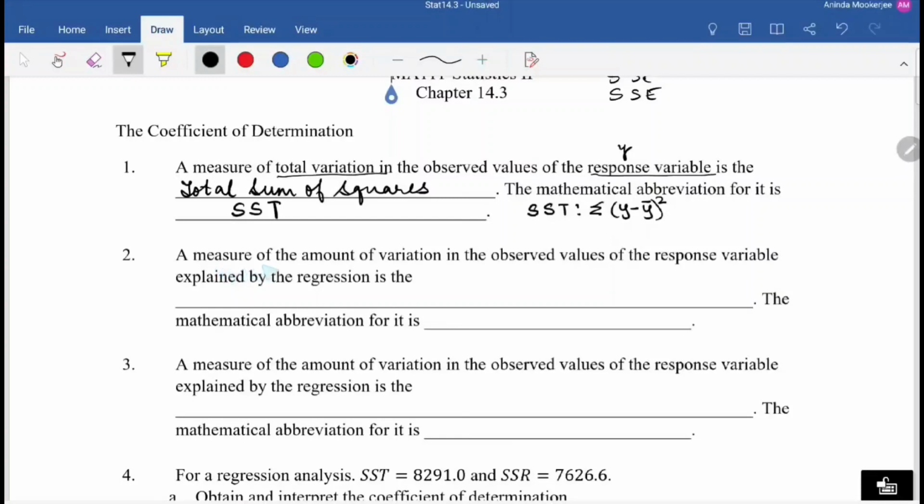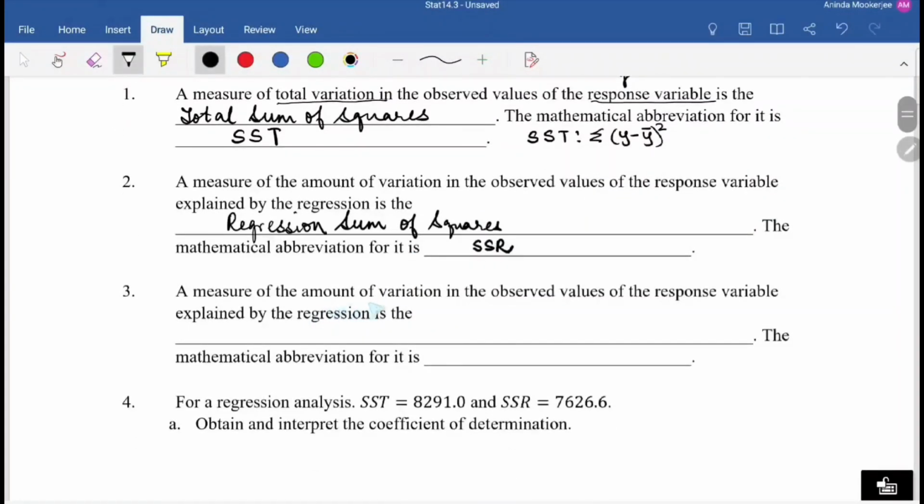Then we have a measure of the amount of variation in the observed values of the response variable explained by the regression. This one is the SSR, or the regression sum of squares. The mathematical abbreviation for it is SSR.